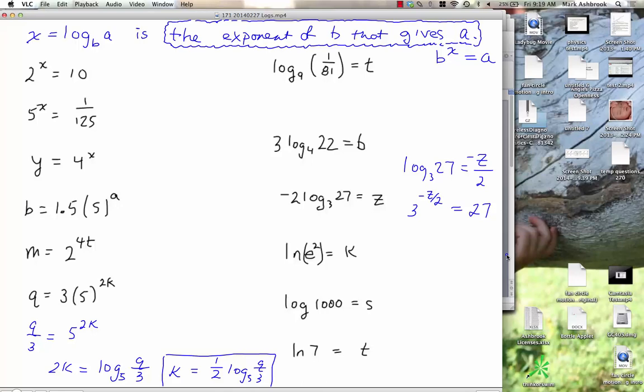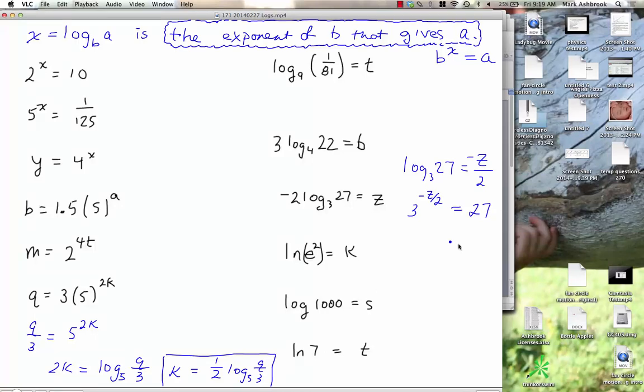So k is the log base 25 of q over 3, equals k, not 2k. That's true.